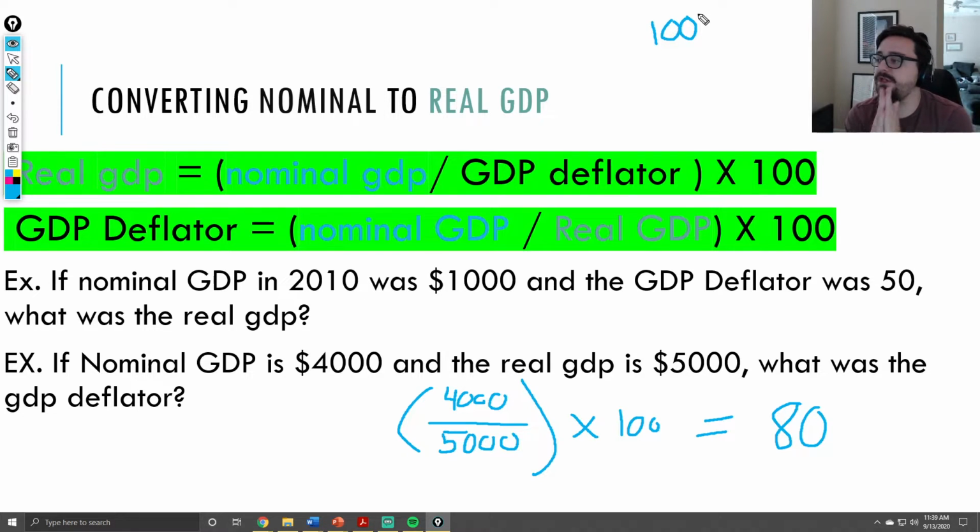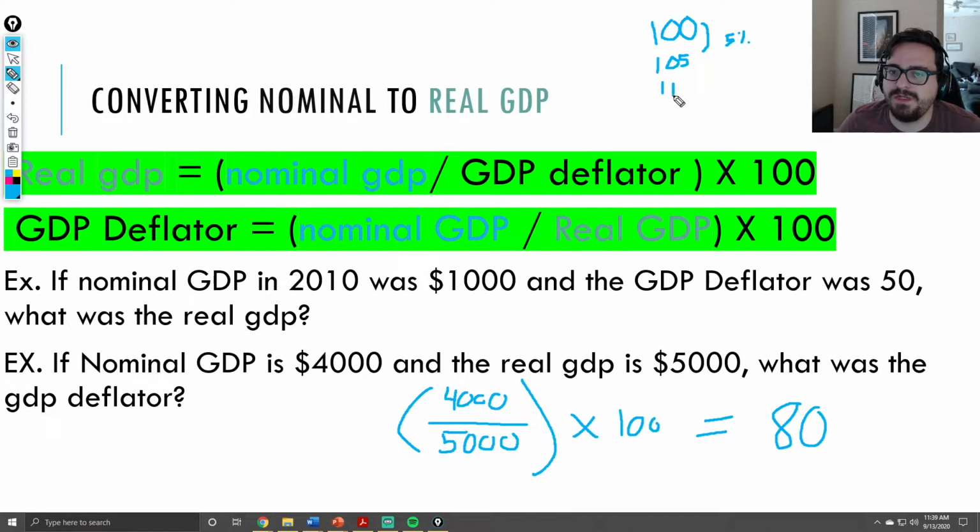If I'm using one year's prices as a comparison point, then when I compare that country in that year to itself, you should find that it's the same. 100 means no change. If I find the deflator is instead 105, what that means is that prices have gone up by 5%.